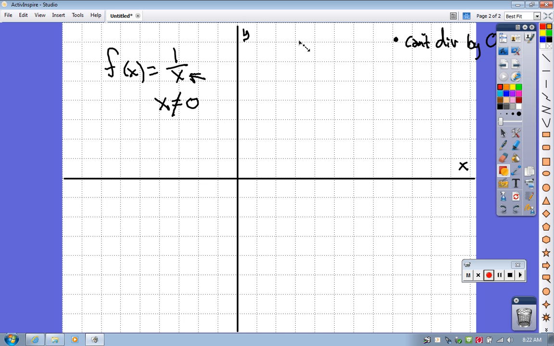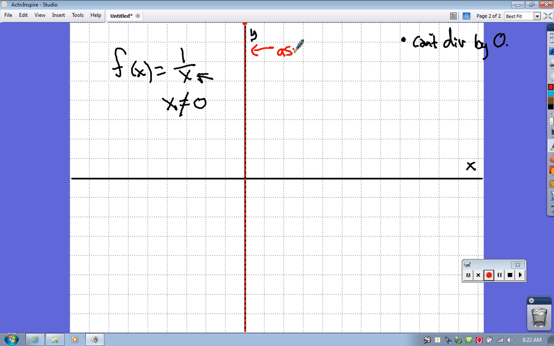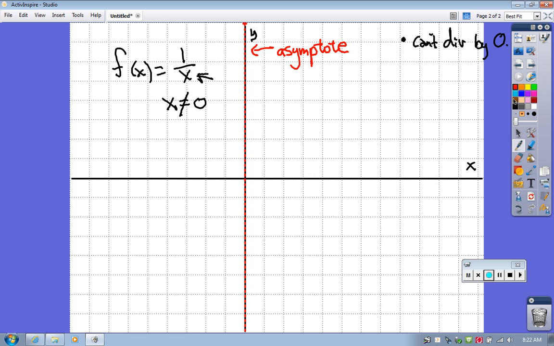I'll draw this in here. It's probably hard to see, but it's a dotted red line. I should use the same color to label it. This line is called an asymptote. I'll get to the definition of an asymptote after I sketch the rest of this graph.